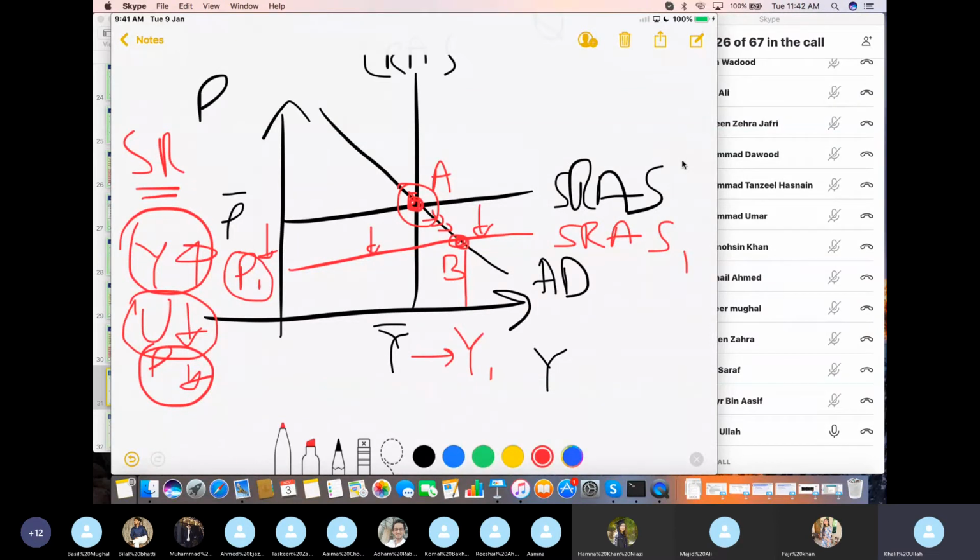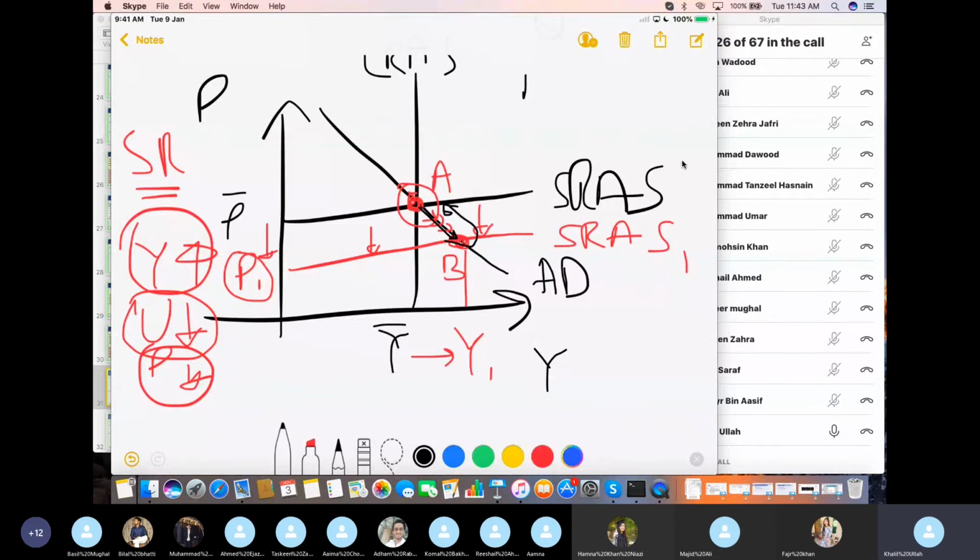So in the short run, the economy moves from point A to point B for 2 months, for 6 months, for 1 year, for 2 years. But then the economy starts moving back to point A, because point A is basically the long run equilibrium as well.